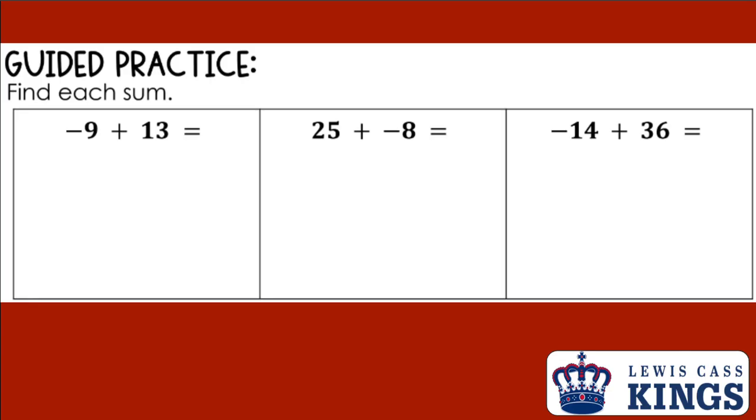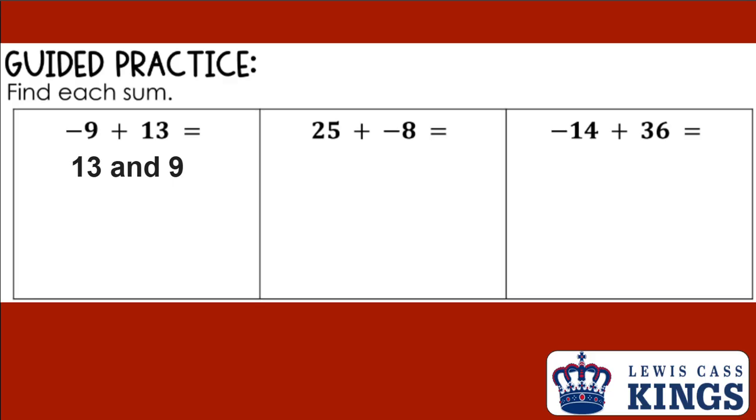So first, we need to find the absolute values of each number. So -9 and 13, they have absolute values of 9 and 13. This is their distance from 0. Remember, distance is always positive. Now we need to subtract the lesser absolute value from the greater.